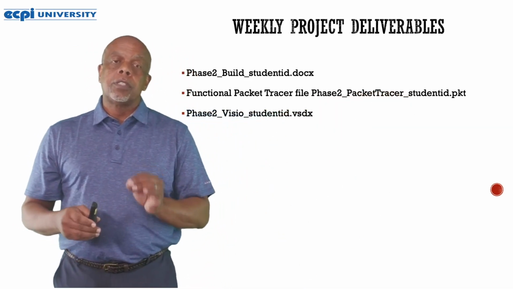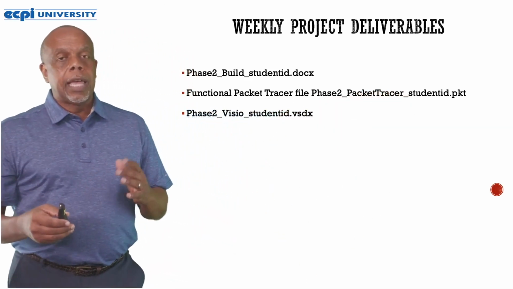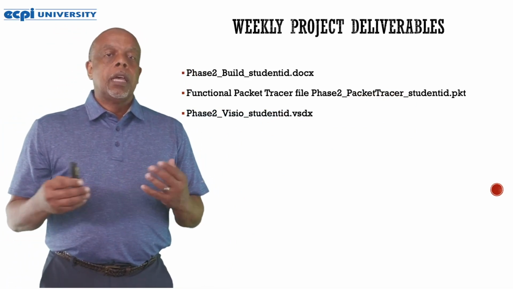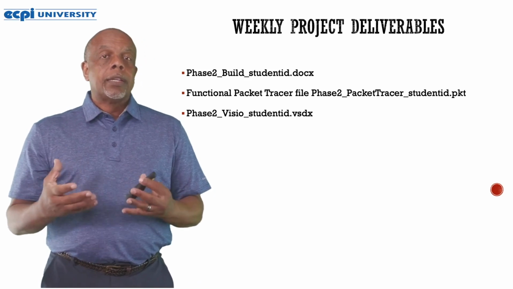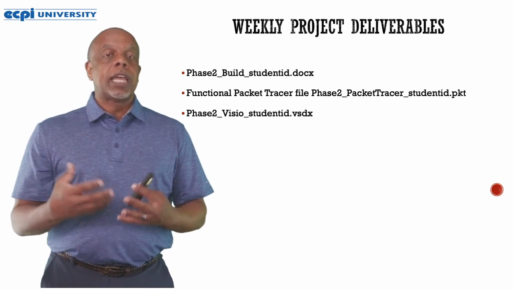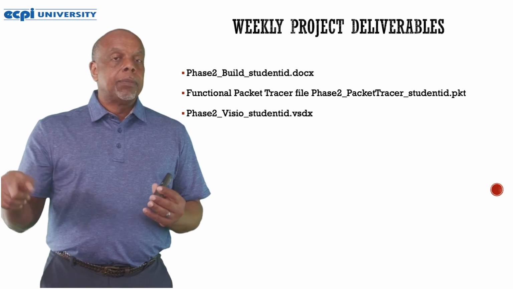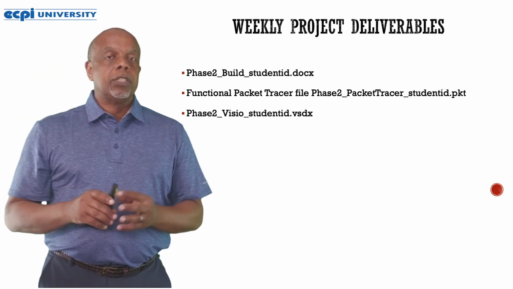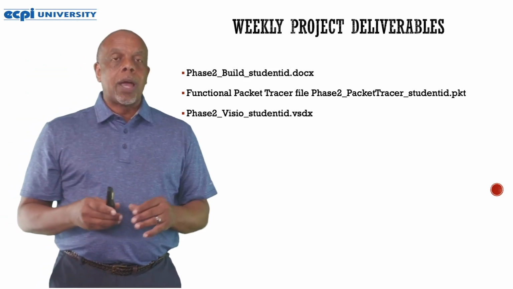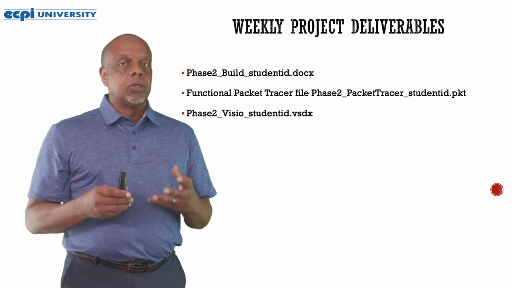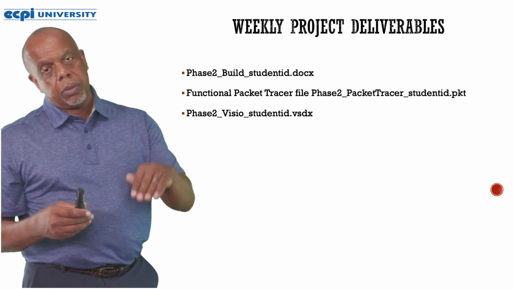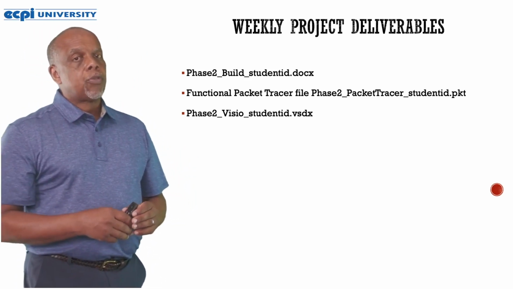Please do not forget to submit your Packet Tracer, guys. I know that last week a couple of you forgot to attach the Packet Tracer, but I need to see it because I want to be sure that not only do you know how to do it academically, but you can actually build out the network, and I can ping from one to another, and look at your routing tables and things like that. So you have to submit your Packet Tracer, otherwise your grade will drop accordingly.